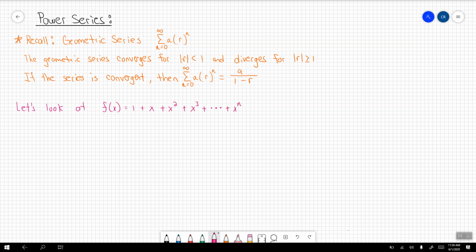So this should remind you of some polynomial that we've kind of seen back in an algebra class. All right, so this shouldn't be too new to anybody.